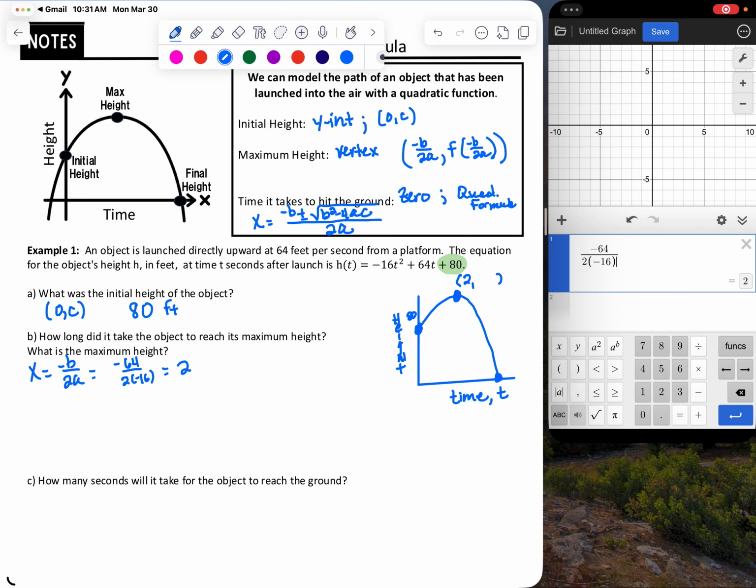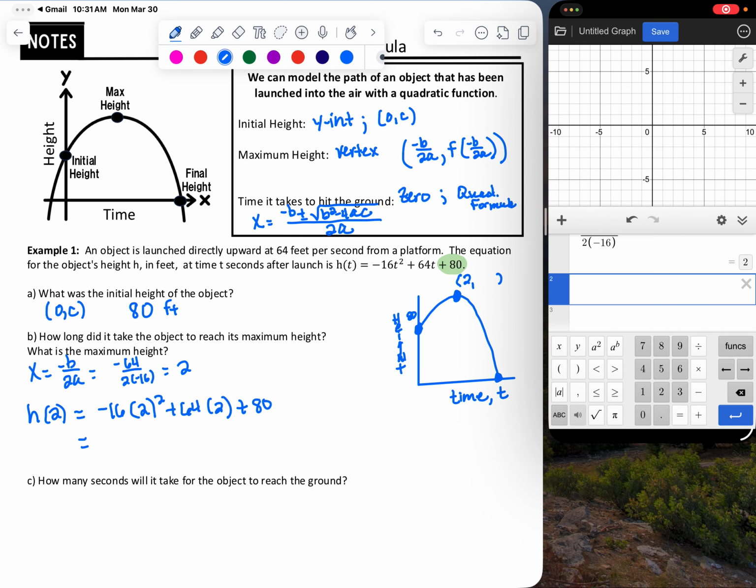All right, now to find the maximum height, you're going to find h of 2. We want to evaluate this function at 2 seconds. So h of 2 would equal negative 16 times 2 squared plus 64 times 2 plus 80.